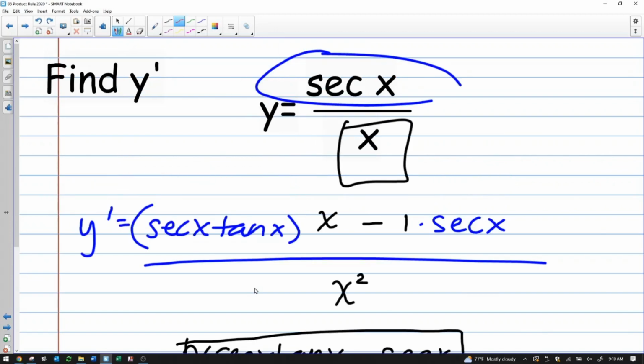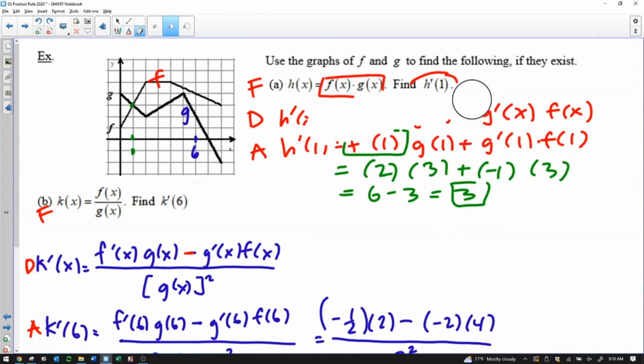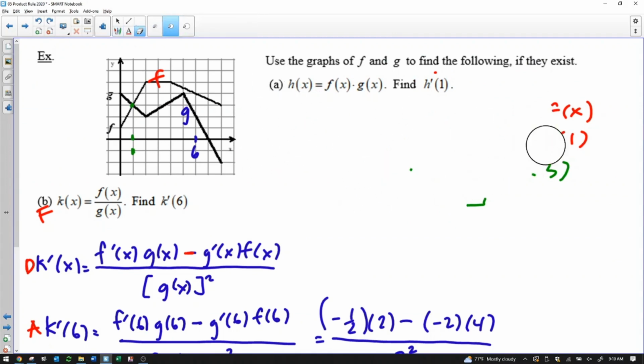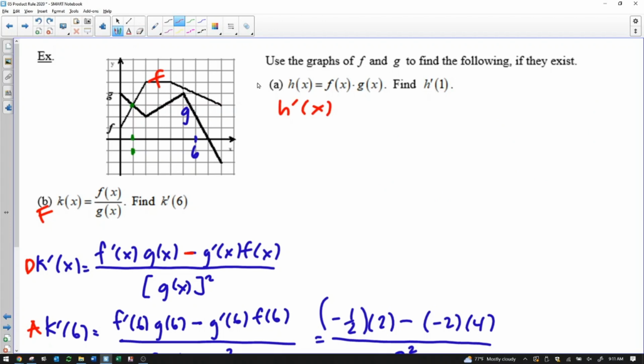The other thing I want you to be able to do: if you look at this graph and they ask you to find the derivative of h, they tell you that h is one x expression times another x expression. What they're saying is you have to do FDA. Don't plug in your 1 first.